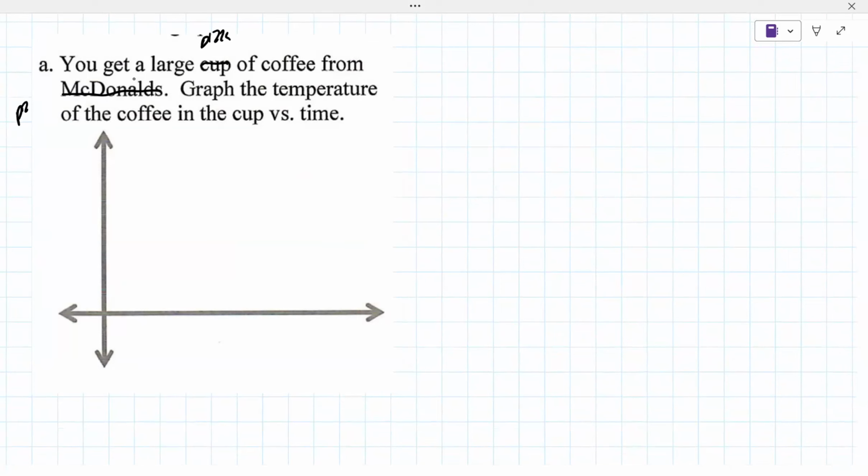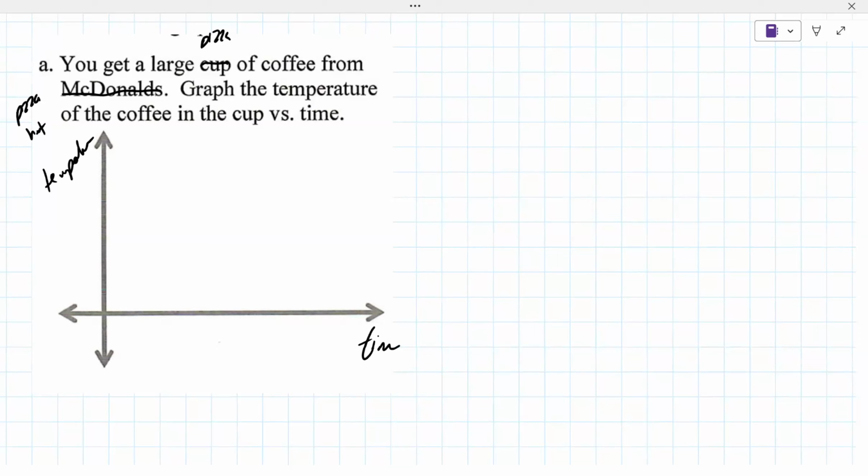So what happens to the temperature of the pizza over time? And time is down here, and this is temperature. When you get the pizza, it's just come out of the oven, what do you notice about the temperature? Well, it's probably gonna drop over time.